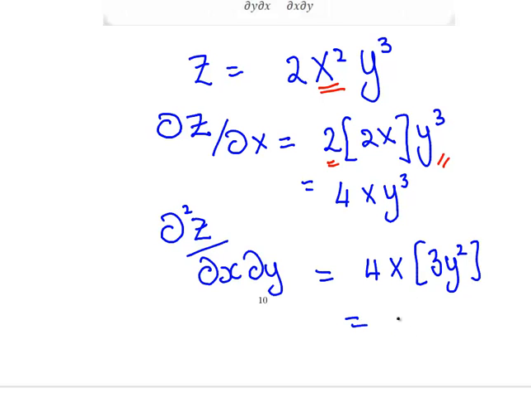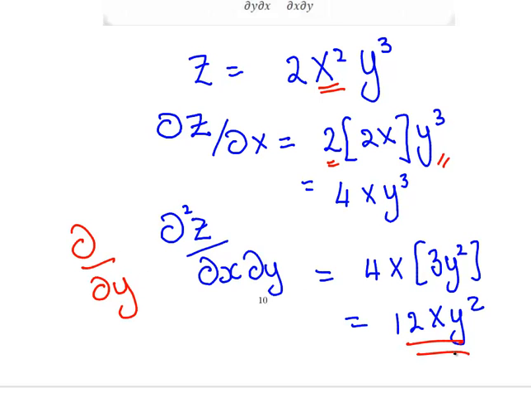So the answer is 12xy squared. Now, I've done it in one particular way. First off, I got the partial derivative of z with respect to x. Then I got the partial derivative of that with respect to y. And this is my answer down here.